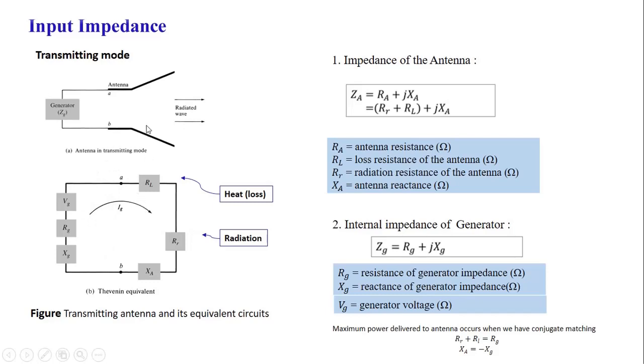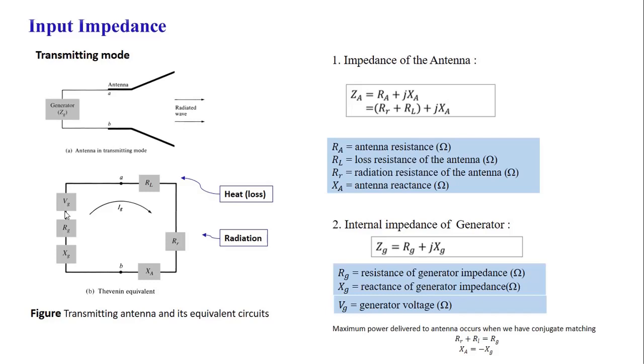As we know, there are two resistances associated with the antenna: the loss resistance and the radiation resistance, and XA is the antenna reactance. Similarly, the generator will have its own resistance and reactance, and the potential generated by the generator is denoted by Vg.